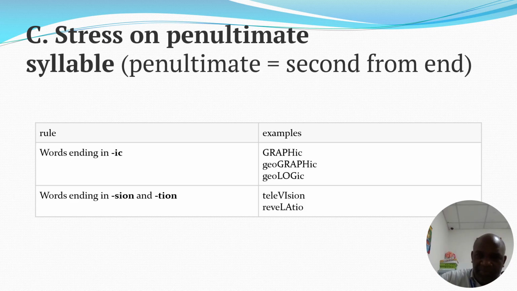Stress on the penultimate syllable. We have a rule, and we have a sample of it. Words ending in -ic, like graphic, geography, and words ending in -sion and -tion, like television and revelation.